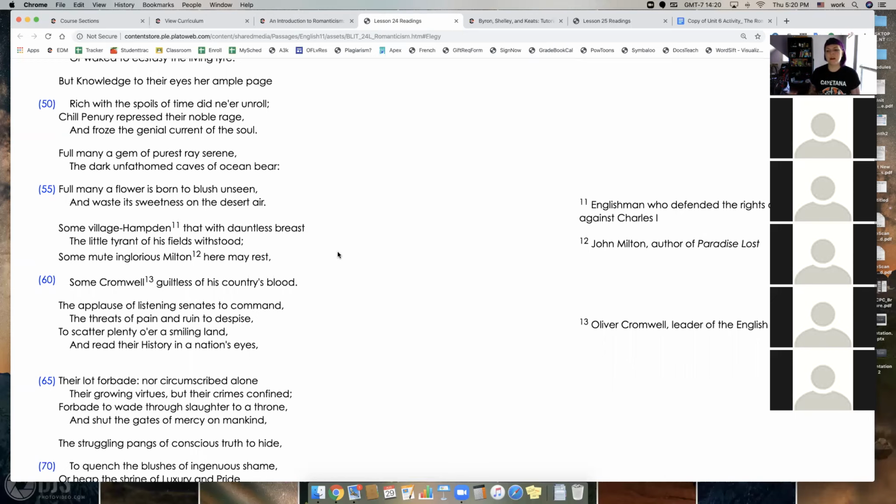But Paradise Lost is a really famous epic. Cromwell was an English leader. So you have these people whose names we remember. And then he also goes back to talk about how none of these people would be remembered if it weren't for the people below them. So, rich with the spoils of time, did never own role. Like, everything is connected, everything is natural, everything works together.